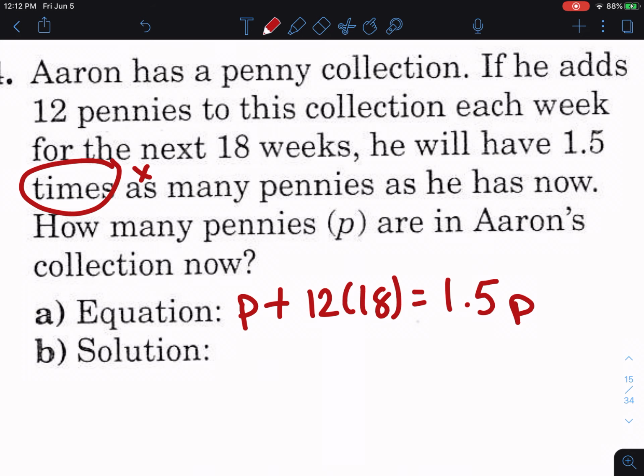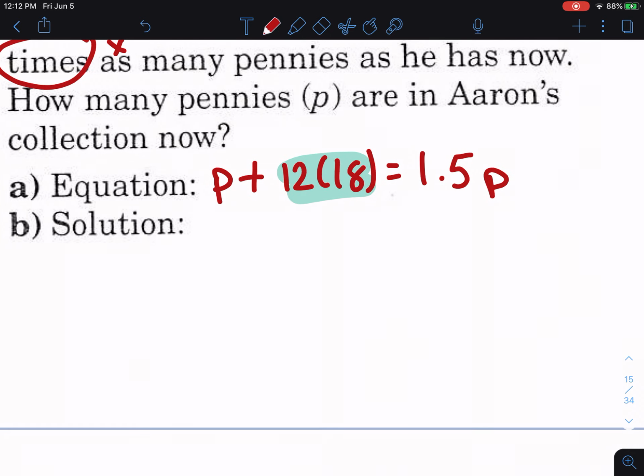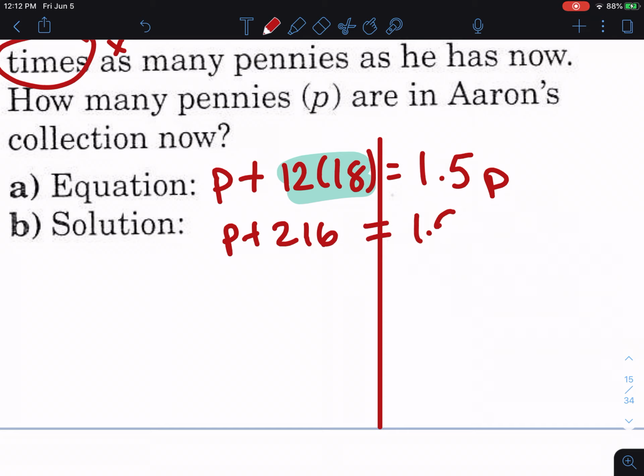Okay? Same thing. We have this right here that we have to draw our dividing line. That we have to distribute. So 12 times 18 in your calculator. So P plus 216 equals 1.5P. Going to put my invisible 1 there. I have to move this 1P to the other side, so I'm going to subtract 1P from both.